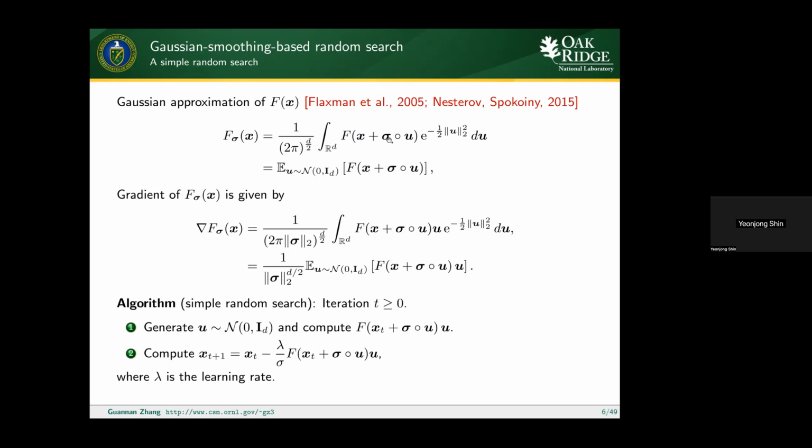When sigma goes to 0, it converges to the local gradient of f if it exists. When sigma is very big, the smoothed function will eventually converge to a constant function. So that controls how smooth you want. Sigma is a very important parameter, especially as you will see in the analysis.